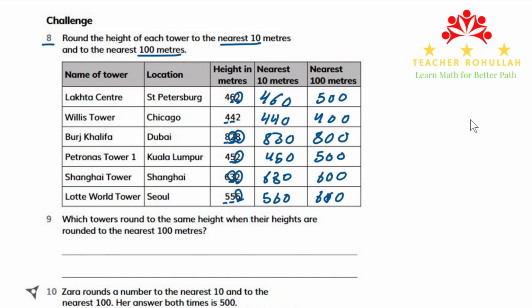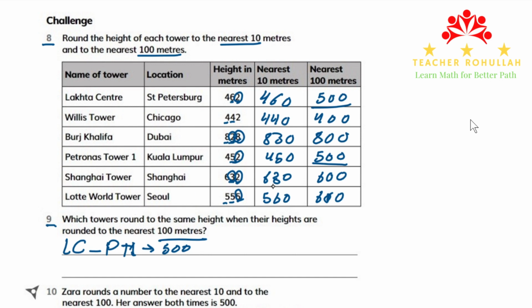Let's now move to question number 9. In question number 9, it says, which towers rounded to the same height when their heights are rounded to the nearest 100 meters? So the towers that rounded to the same height are Lacta Center, I will write LC for Lacta Center, and Petronas Tower 1, PT1, and they rounded to 500.